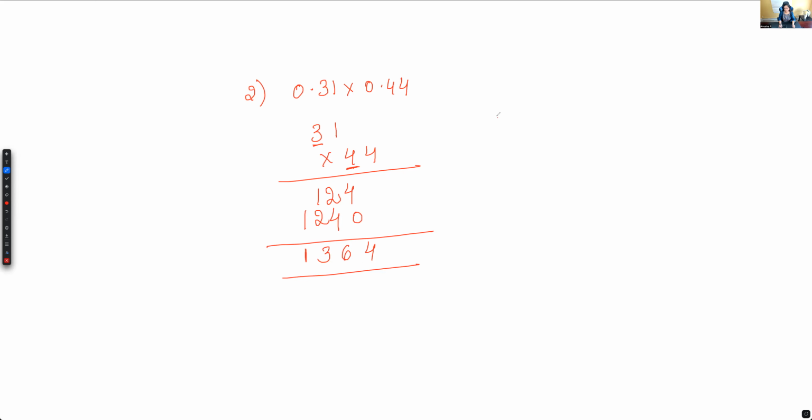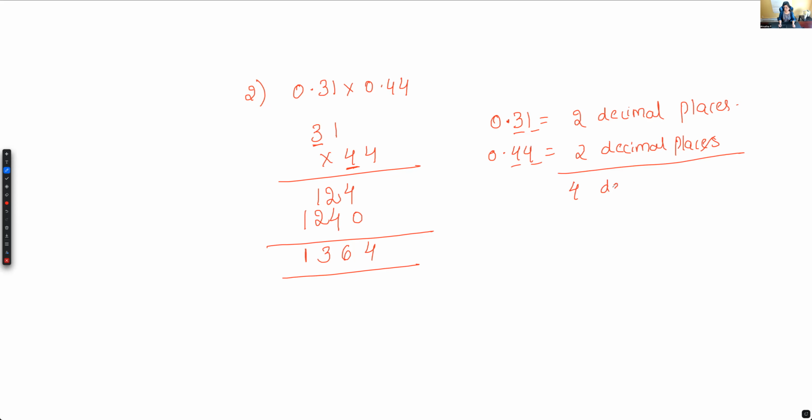Now we'll think about the decimal places. In 0.31, after the decimal point, we have 2 decimal places, and in 0.44, we have 2 decimal places. In total, we have 4 decimal places.